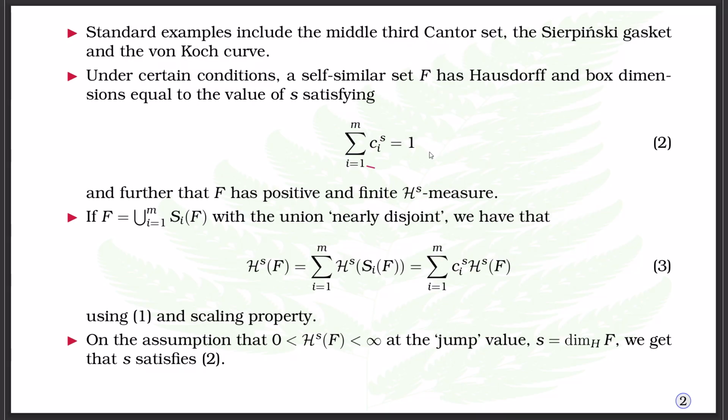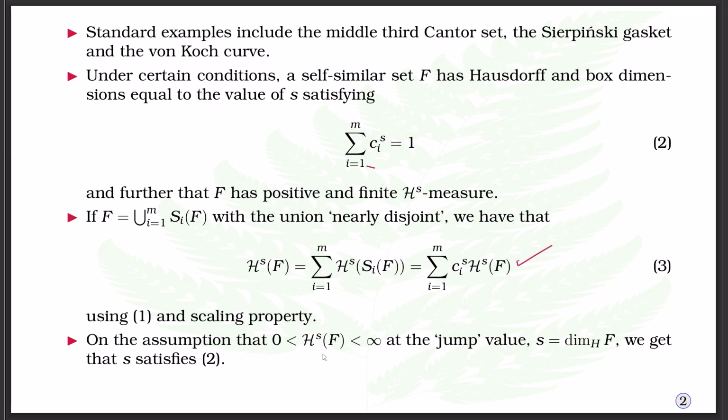Here, by using this similarity and the scaling property, we will get this equation 3. That means H^s of F can be written as the sum over i equal to 1 to m of c_i^s H^s of F. That means we need to find the images of all the sets under the mapping, then it is multiplied by the constant factor c_i.